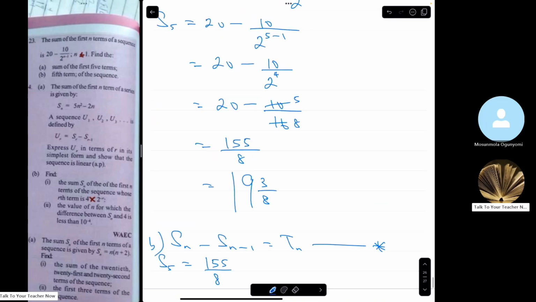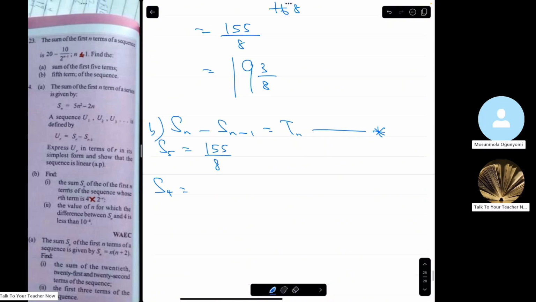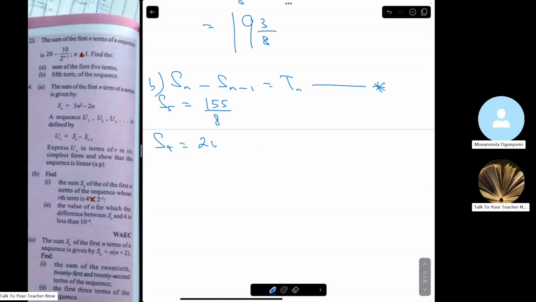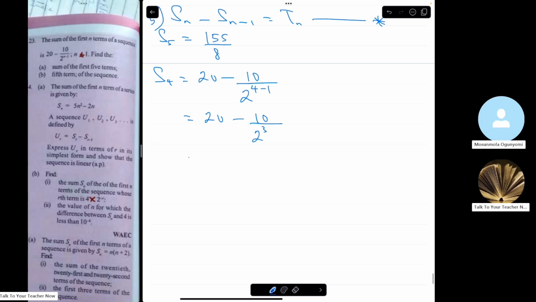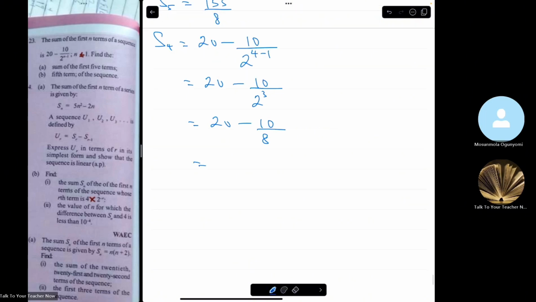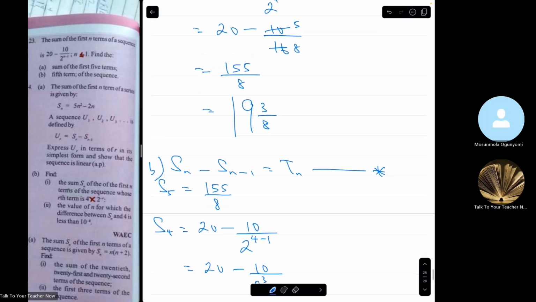We already know S5 now, so we only need to find S4. S4 will be 20 minus 10 over 2 raised to power 4 minus 1, and that's 20 minus 10 over 2 raised to power 3, which is 20 minus 10 over 8. Is that correct?